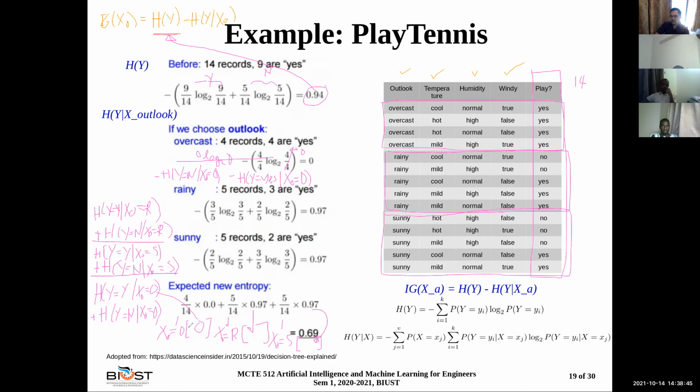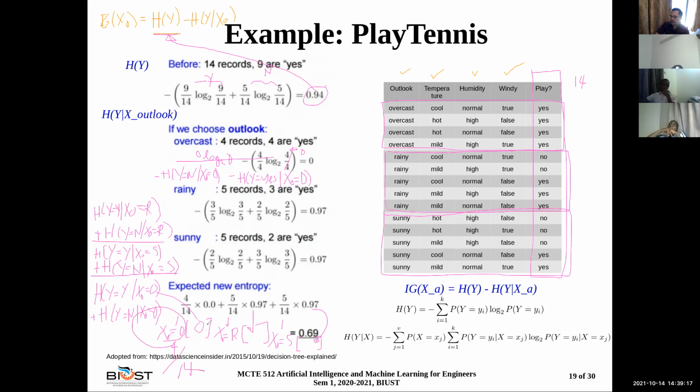So now here, X attribute of the outlook is what? It's outlook of overcast, rain, and sunny. So overcast 1, 2, 3, 4. So this is 4 over 14. This is the absolute probability.